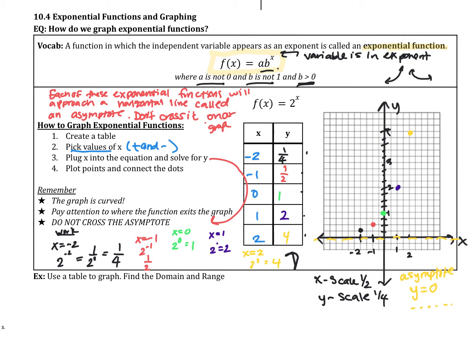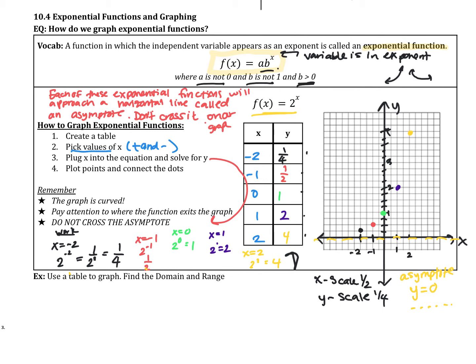No matter what number you plug into this function, whether it's -1,000,000 or 5, you're not going to get a negative value, because what happens if we plug in a negative value? We get a negative exponent, which we saw down here still gives us a positive number. So our output, or our y value, is never going to be negative, and it's never going to be 0. It's just going to keep getting closer and closer and closer to 0.